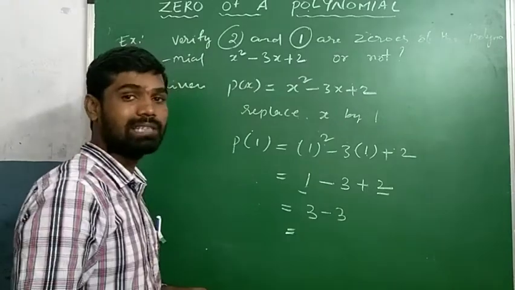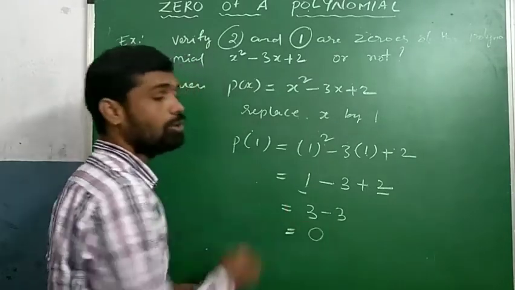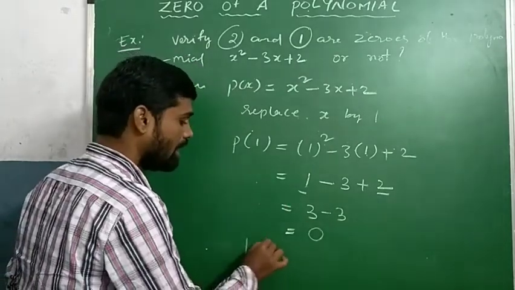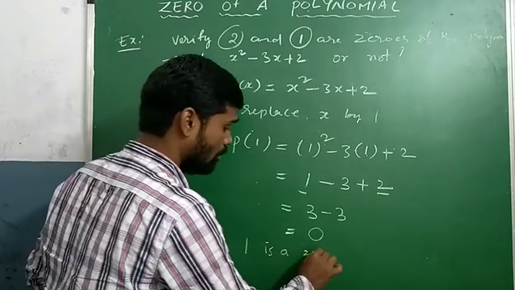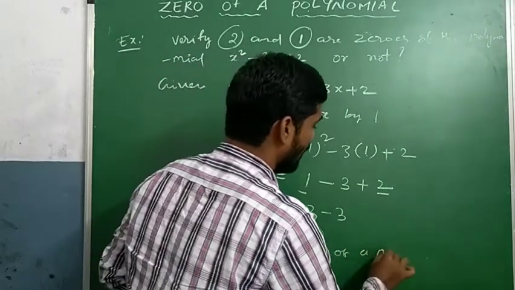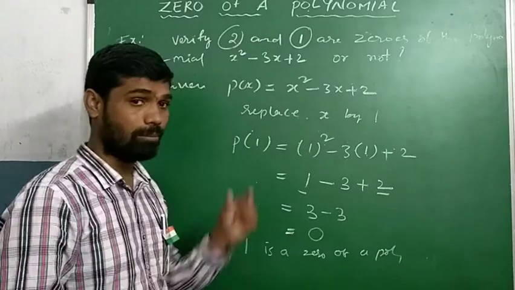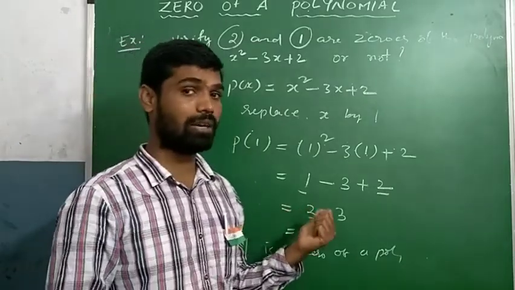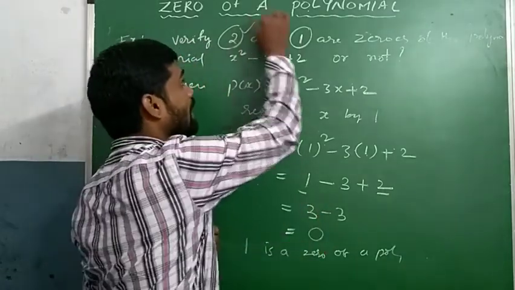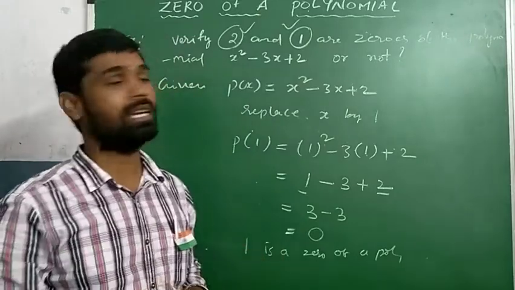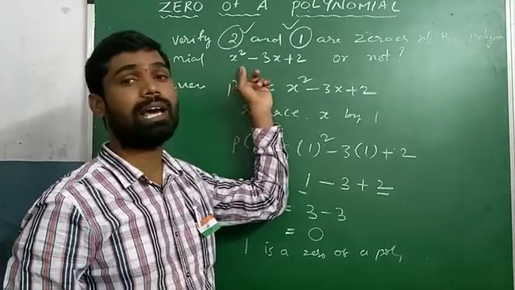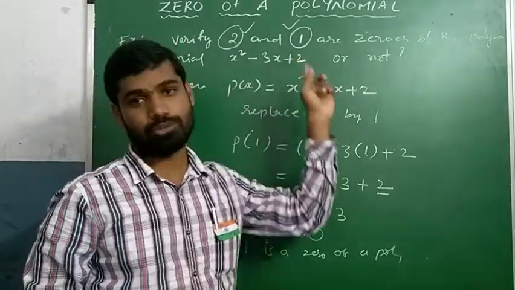So 3 minus 3 equals 0. So here also, what do we conclude? 1 is a zero of the polynomial. So by both the solutions we conclude that 2 and 1 are the zeros of the polynomial x square minus 3x plus 2.